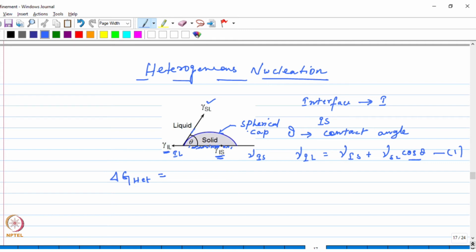So let's say the volume of that cap is Vc, and delta GV, of course, is the volume free energy change. So apart from this, you will have the surface energies.